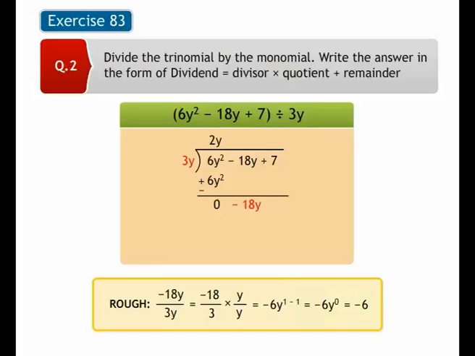Now we will write minus 6 as the second part of the quotient above the line, and the product of 3y and minus 6, that is, the product of the divisor and the quotient, which is equal to minus 18y, exactly below the second part of the dividend.